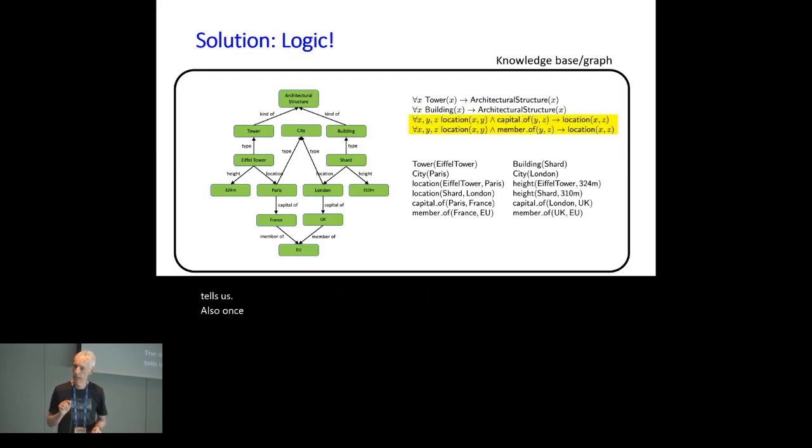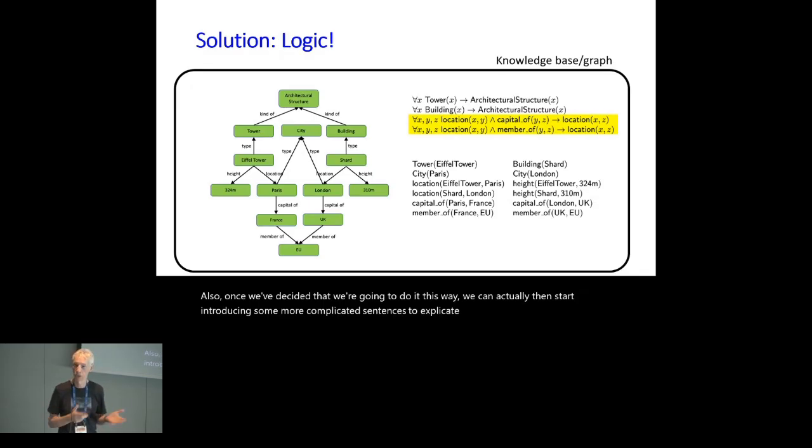Also, once we've decided that we're going to do it this way, we can start introducing some more complicated sentences to explicate other knowledge that we'd like to add to the graph. Here's a couple of examples of how we could use that to explicate this knowledge about how location, capital of, and part of are related and how we can deduce new facts from those relationships.